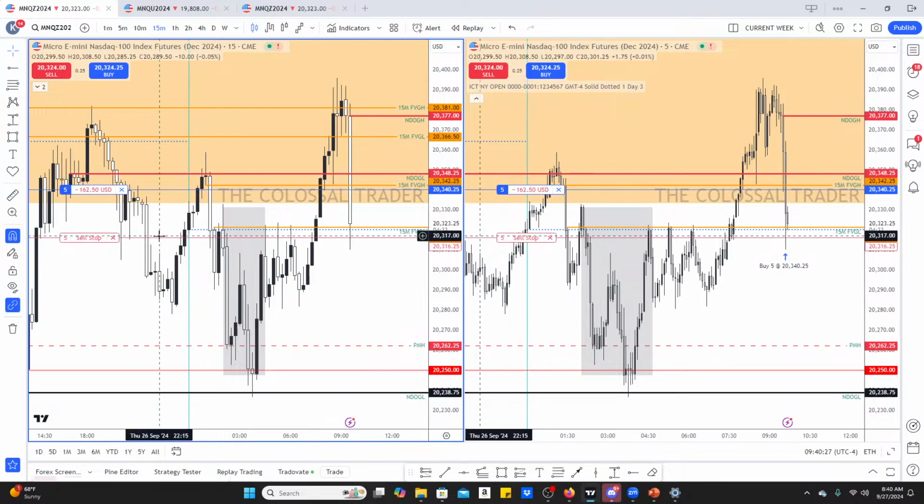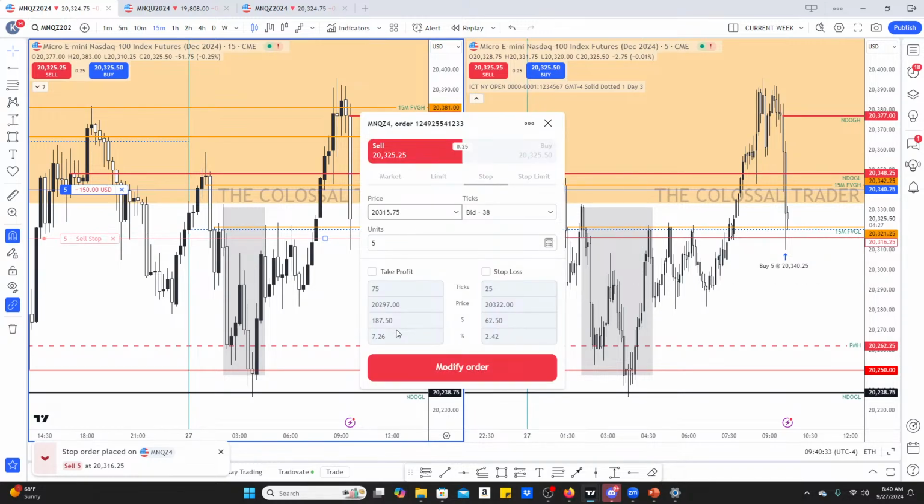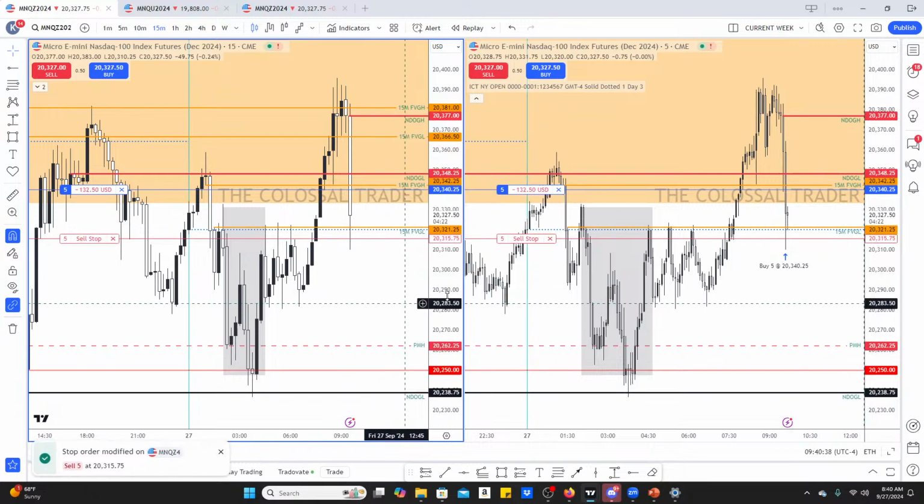Don't really like this buy anymore. It looks like they want to come for the lows. But let's just put it right here. And bear with me, I have other accounts I'm trading, so I literally have to flip through them.